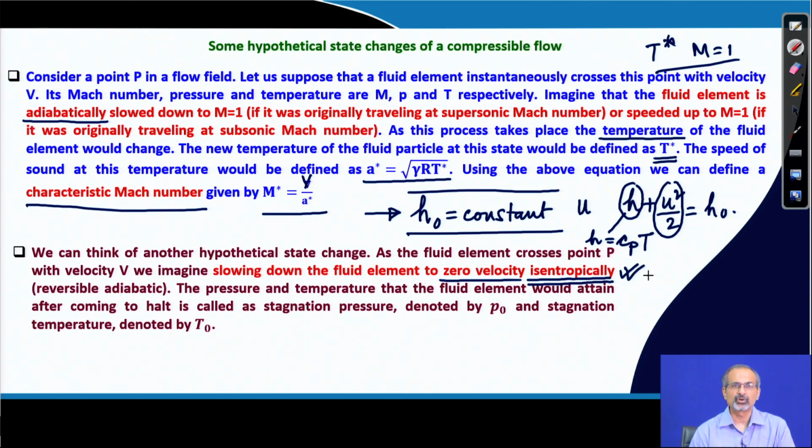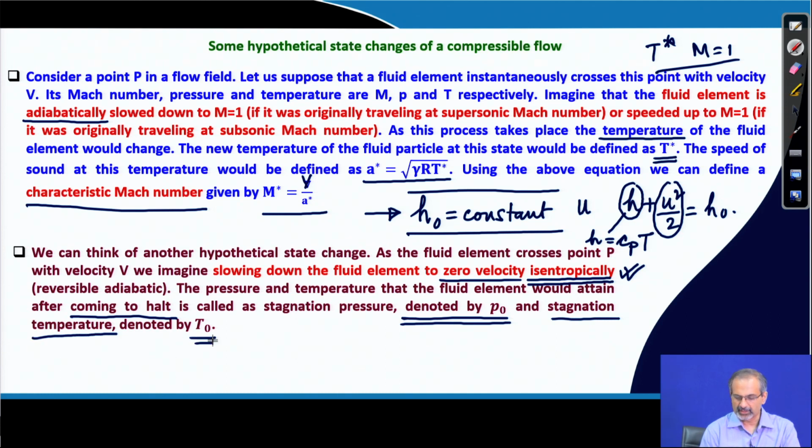So, we are isentropically slowing it down and bringing it to a halt. When it comes to a halt, the fluid particle experiences a pressure which we denote by P naught, and a temperature which we call the stagnation temperature T naught. So, it reaches a stagnation pressure P naught and stagnation temperature T naught.